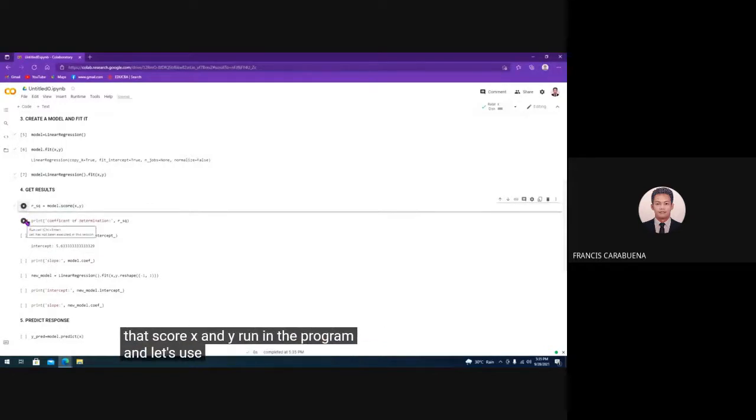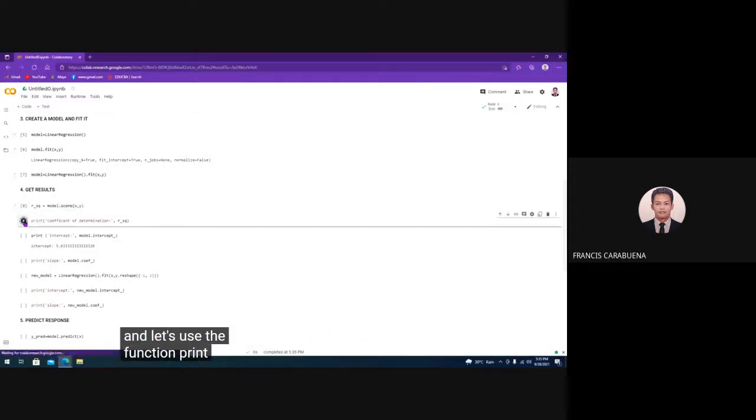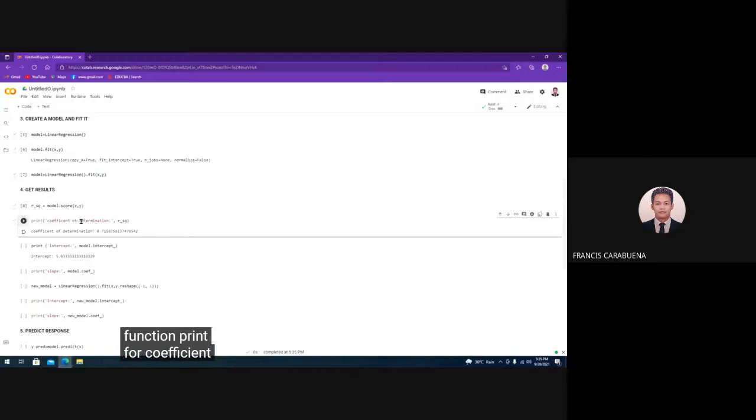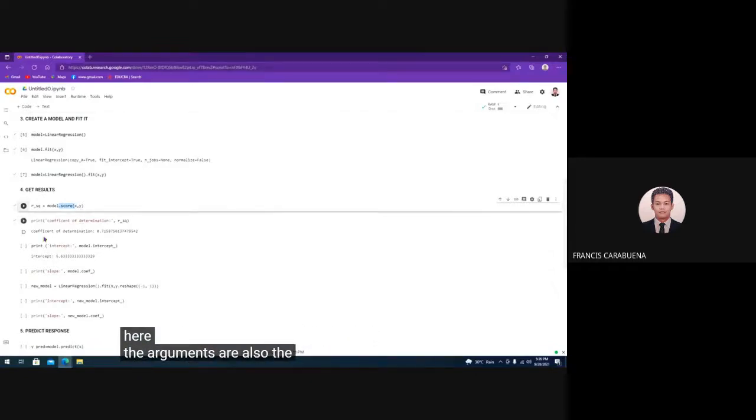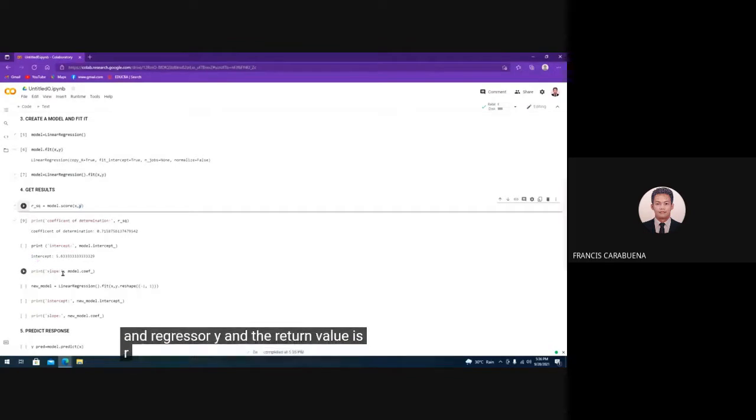And let's use the function print for the coefficient of determination. So here is the result, coefficient of determination: 0.71. So when you're applying .score() here, the arguments are also the predictor x and regressor y, and the return value is R squared.